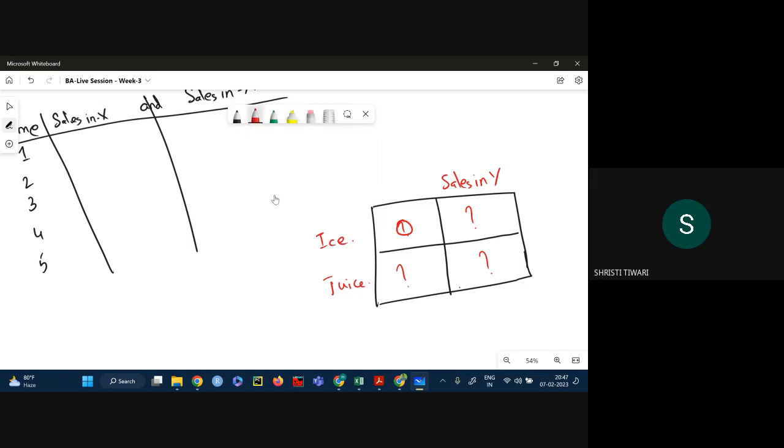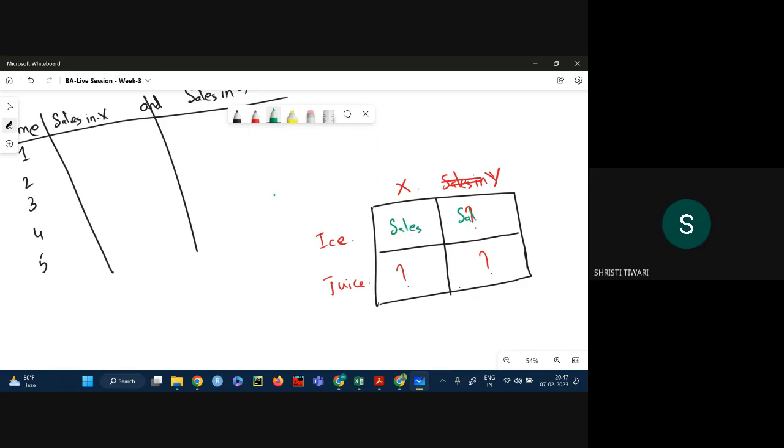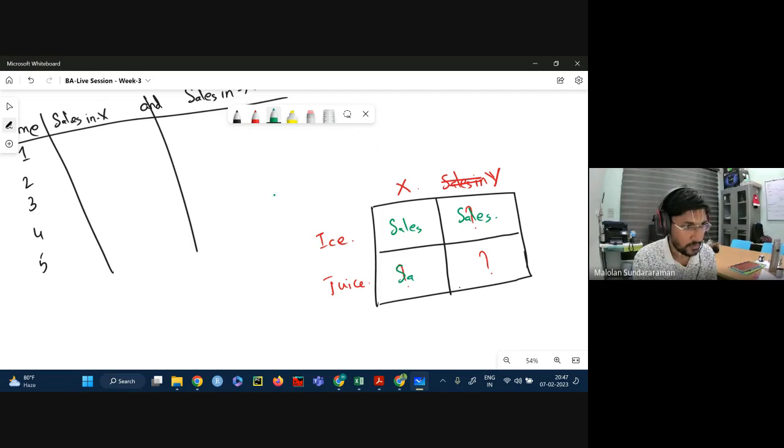Okay, so this is going to be store X and store Y, and the values inside are going to be sales. Yes, sir. Super. This is your ultimate table that you want for performing your chi-square.